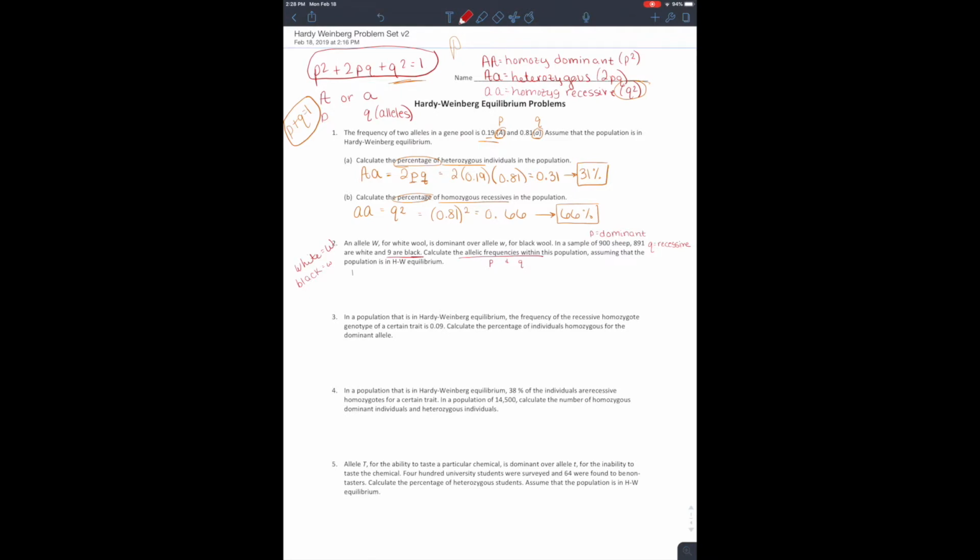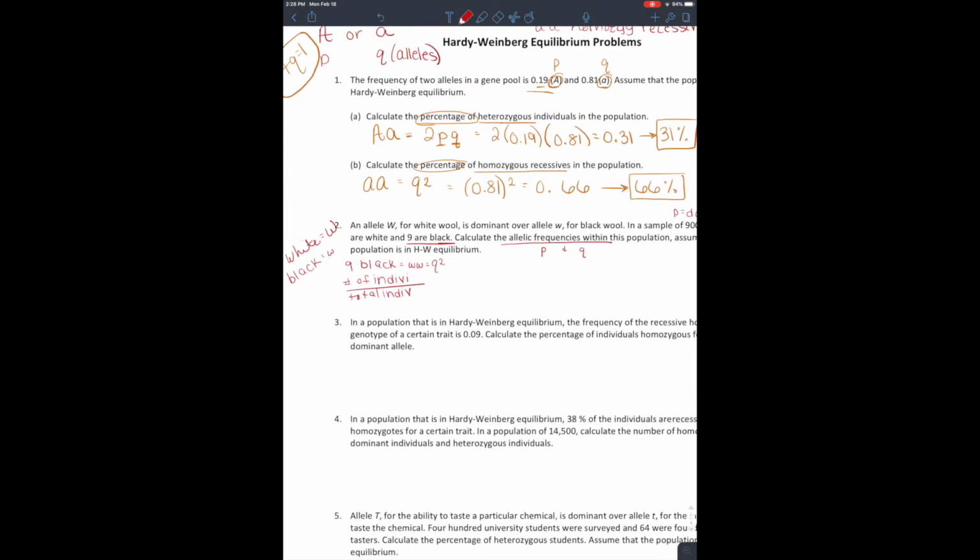So these 9 black sheep must be little w, little w. And according to our equation, homozygous recessive is my q squared term. Now, don't think that 9 is q squared. It's not. You need to find the frequency, so we need to take the number of individuals and divide it by the total individuals in the population in order to find q squared.